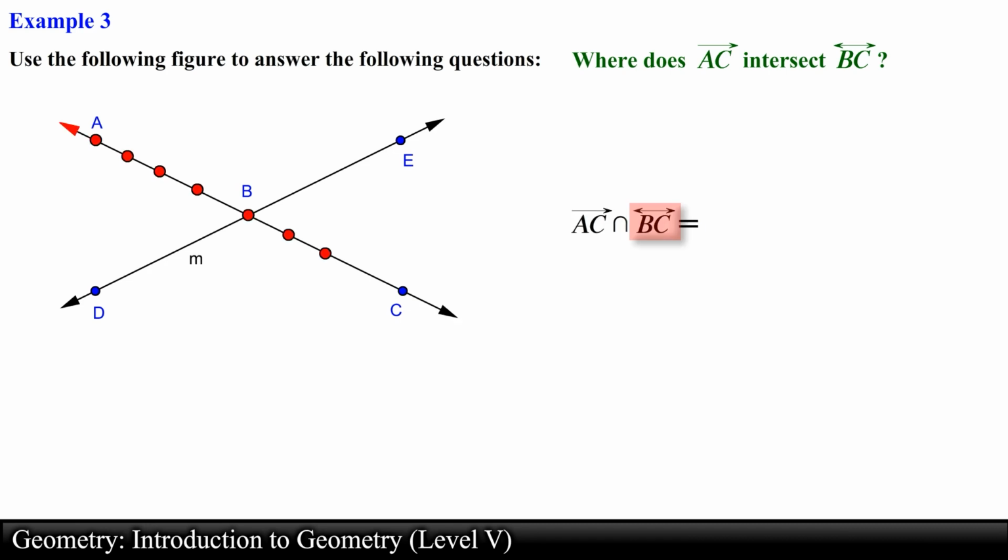So the following points are located on line BC. For this problem, we are looking for the points that both ray AC and line BC have in common, hence the intersection. In this case, the common points start intersecting at point A and extend infinitely in the direction of point C. Therefore, the intersection of ray AC and line BC is equal to ray AC.